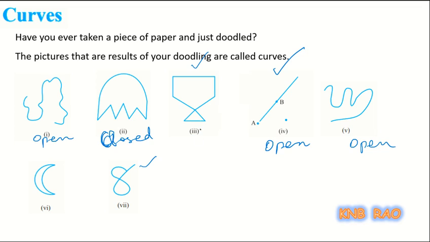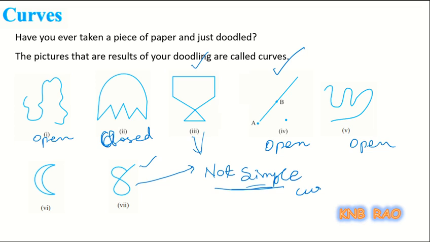Whereas, can I talk about this third one? I said this and this, though they are curves, since they are crossing, a curve where it is crossing itself, these two are called not simple, very important, not simple curves, they are non-simple curves.